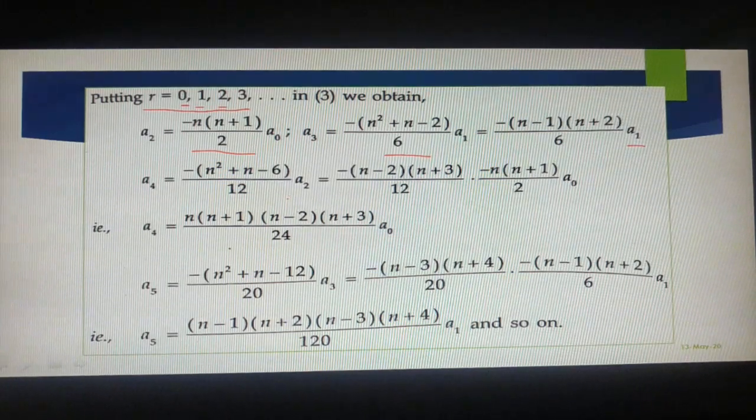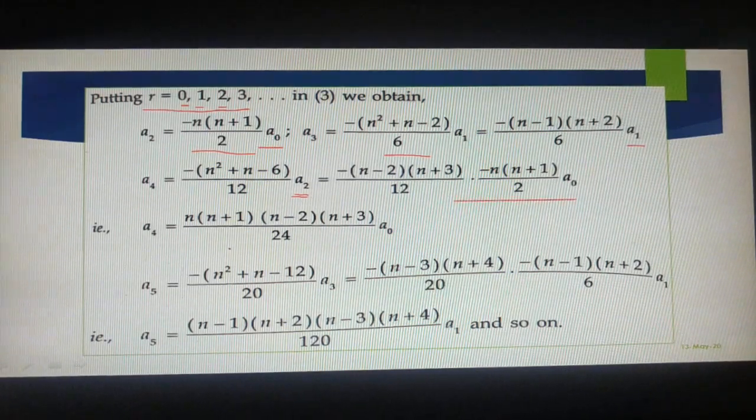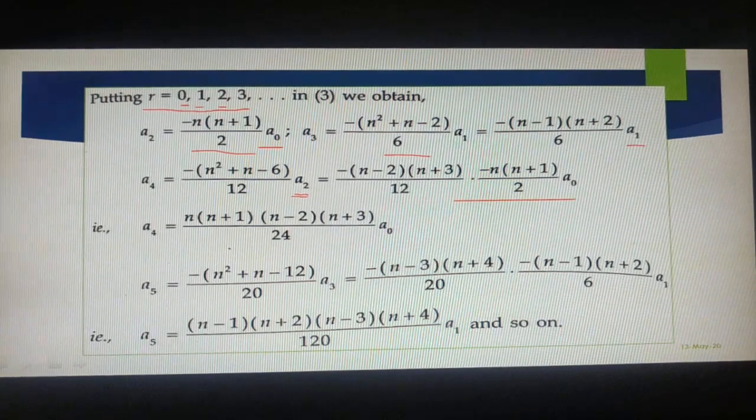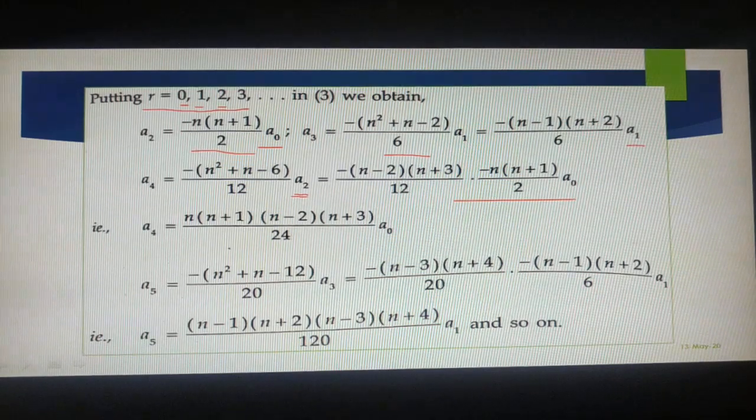Of course, see here we have already a2 value, already we evaluated in terms of a0, that you please utilize here. The reason: whatever the arbitrary values a2 to an, all the values we are trying to write in terms of either a0 or a1.